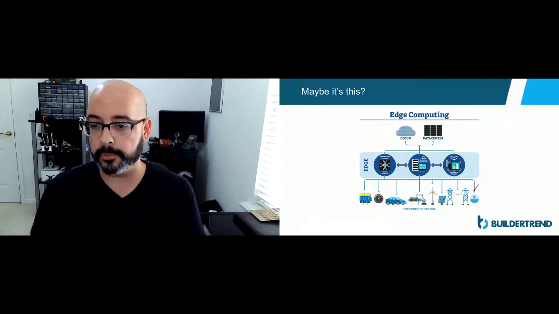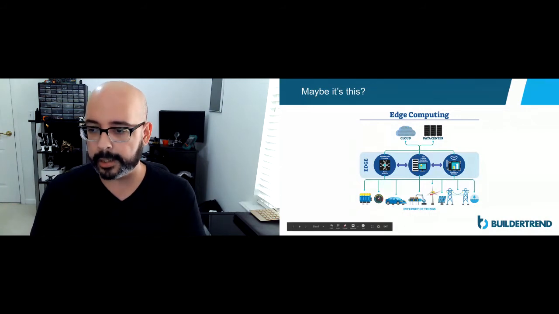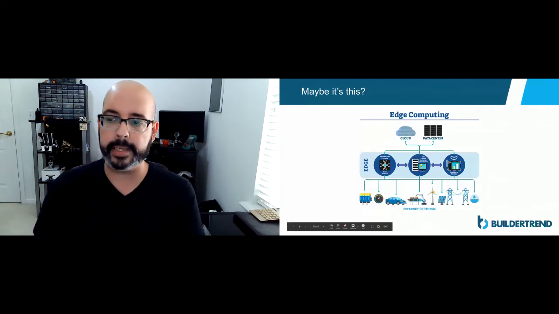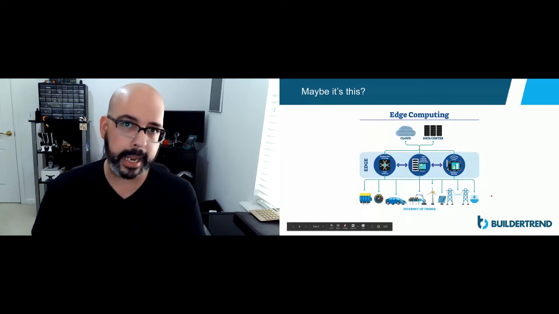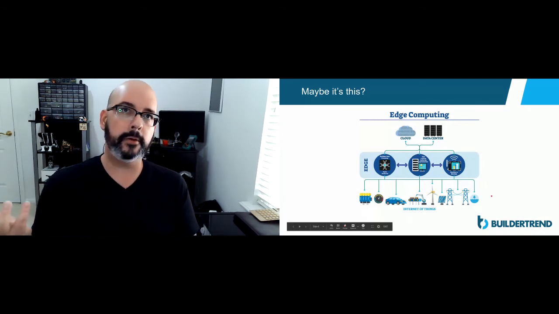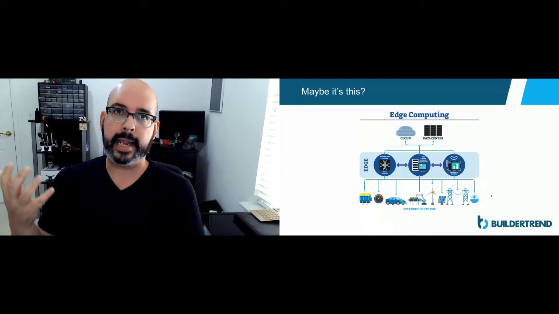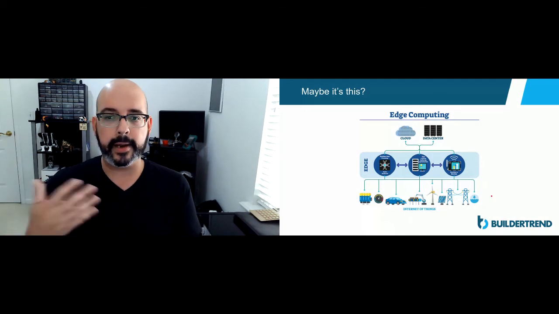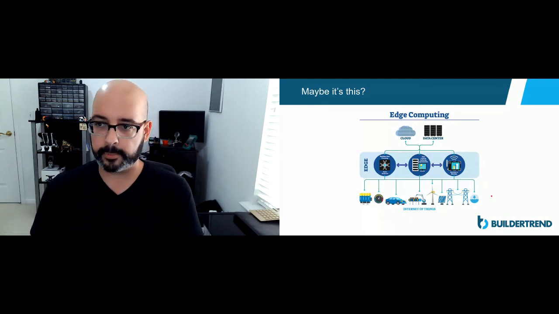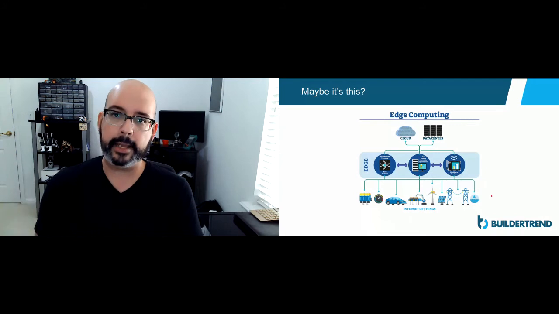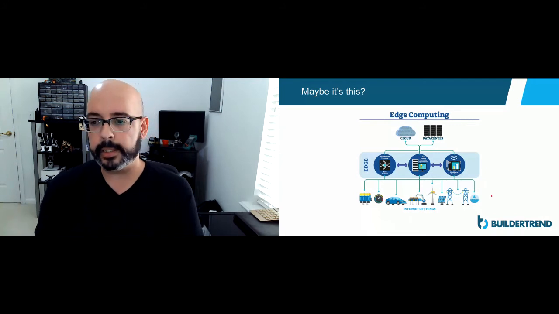Things like smart thermostats, hardware that monitors the power grid, or factory equipment. Something that's not on this diagram is your smartphone, for example, which is an IoT device connected to the internet, and if it's interacting with your company's product, that's an IoT device interacting with your system.